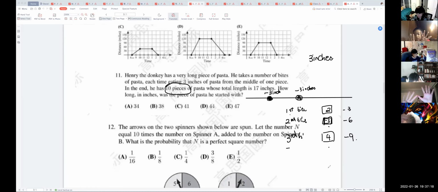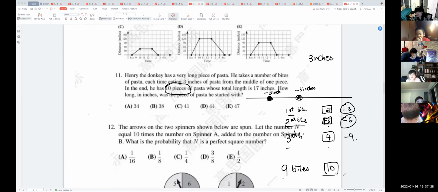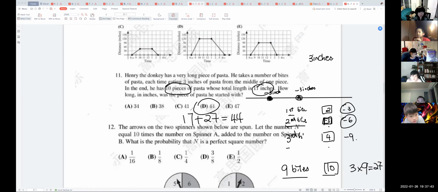So 10 pieces, very good, Peanut. 9 bites. 好了，一个 bite 减去3，两个 bites 减去6，9个 bites 减去几啊？3 times 9 equals 27 inches. So how many inches left? 17 inches. 17 plus 27 equals 44 inches. So that's the thing. So altogether, the pasta was 44 inches to start with.